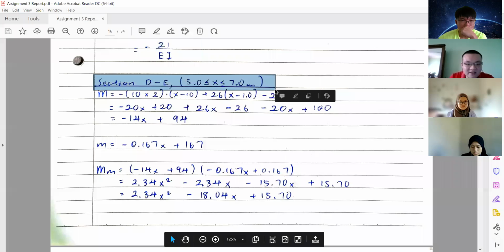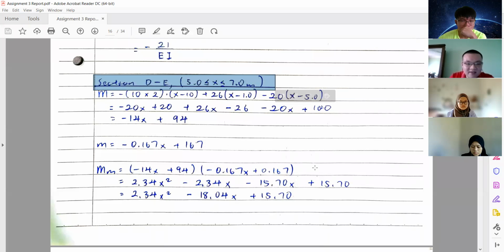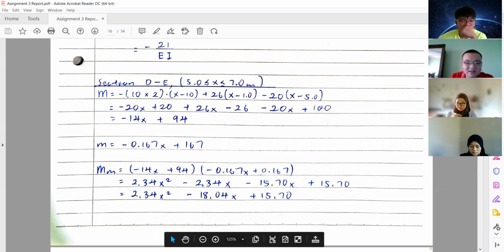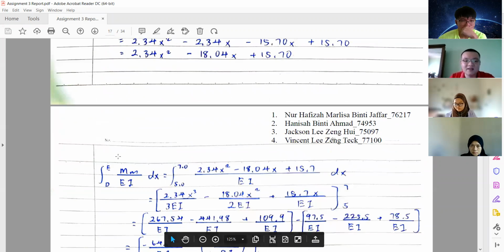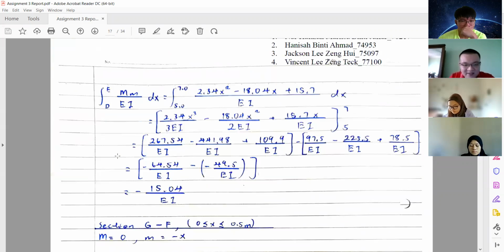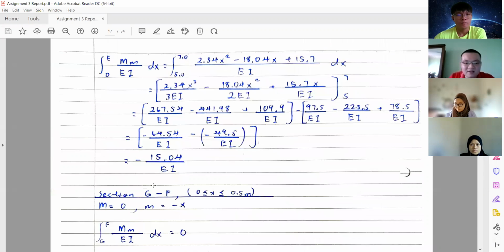Then we proceed to section D and E. By finding the moments of the real and the virtual cases, and then same thing, multiplying and integrating, we find the displacement.